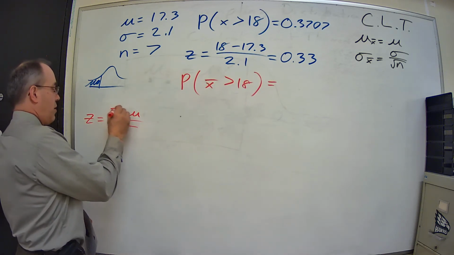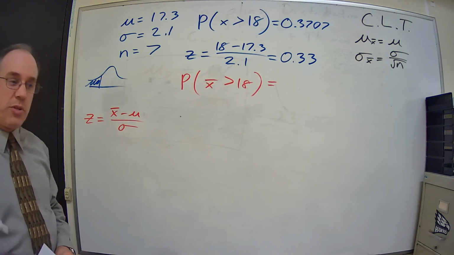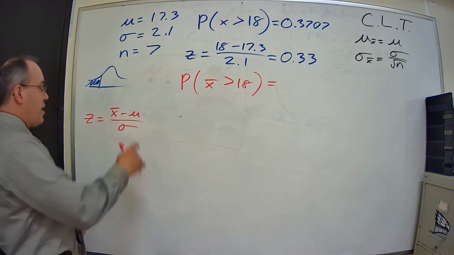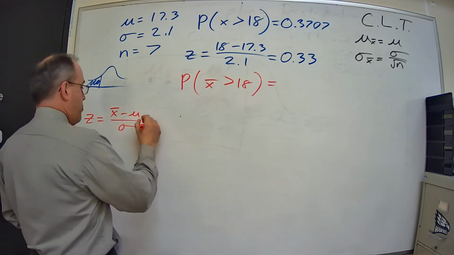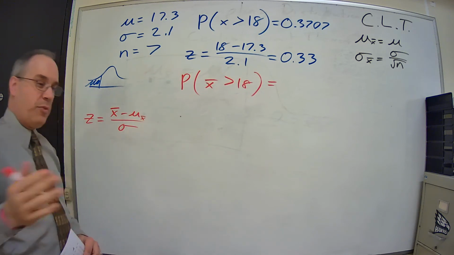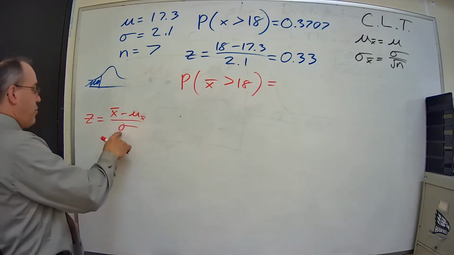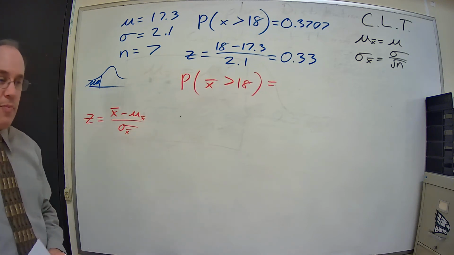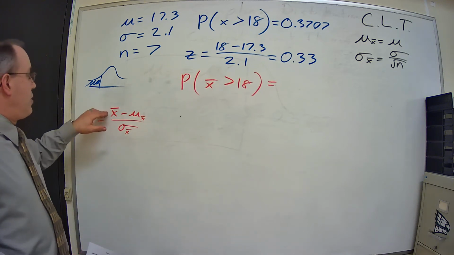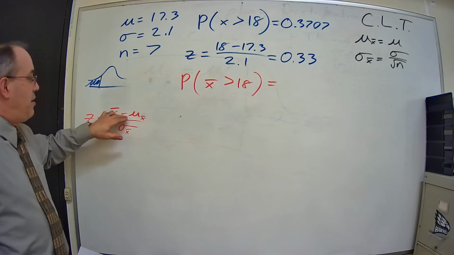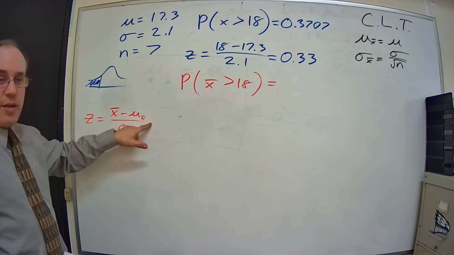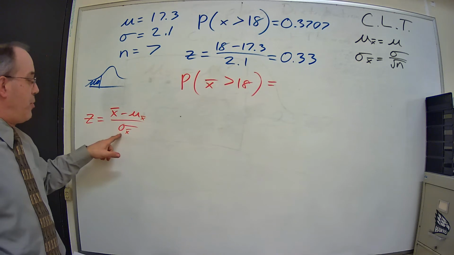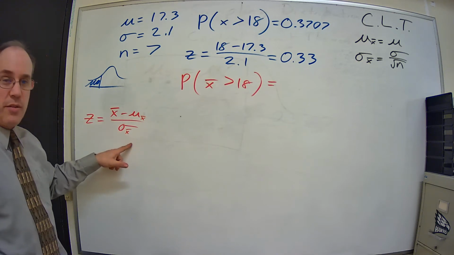So we're not dealing with x, we're dealing with x bar. We're not dealing with mu, we're dealing with mu of x bar, the population mean of the sample means. And we're not dealing with sigma, we're dealing with sigma of x bar. So we're looking at a sample mean, subtracting the population mean of the sample means, and dividing by the population standard deviation of the sample means.